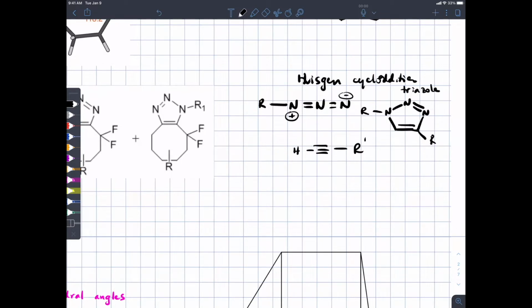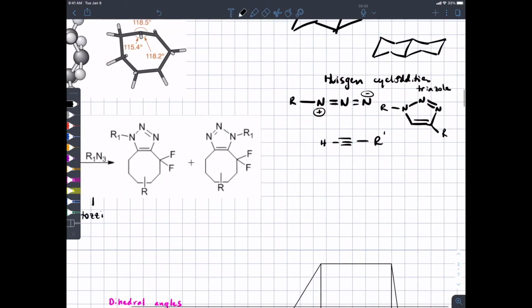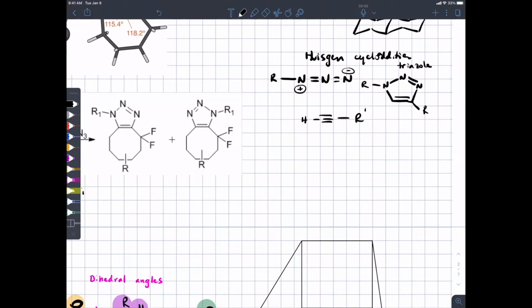Okay. Wasn't that useful back then, but more recently, in the mid 90s, I think, and early 2000s, Barry Sharpless and others found that if you added a copper 1 catalyst, that reaction went really well at room temperature in various solvents.